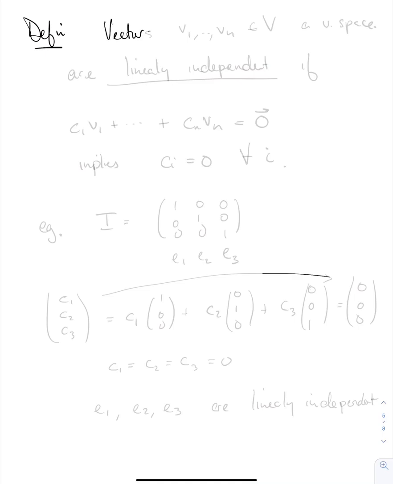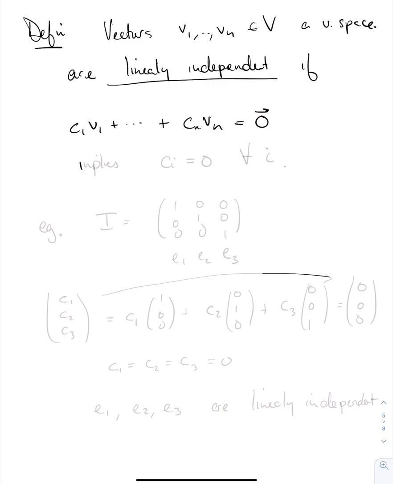Say we've got vectors v_1 through v_n in some vector space V. These vectors are said to be linearly independent if c_1 v_1 + ... + c_n v_n equals 0, the zero vector, implies that c_i is equal to 0 for all i. This is sometimes difficult, so let's run through examples.